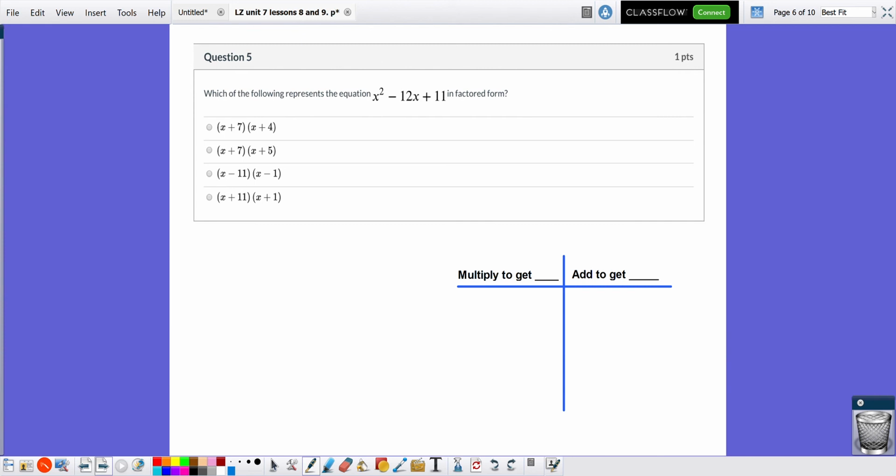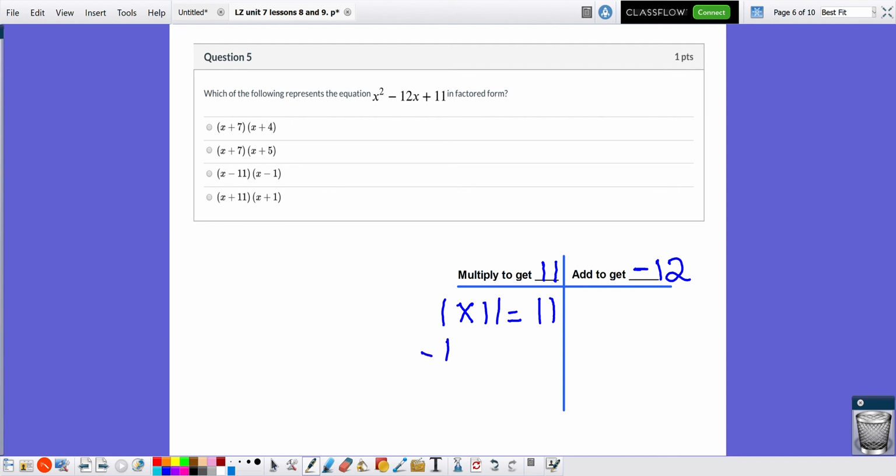So for this one, number 5, we have which of the following represents the equation x squared minus 12x plus 11 in factored form. So for this one, you know that you need to multiply to get positive 11, and you need to add to get negative 12. So the only two numbers that I can multiply to give me 11 is 11 times 1. That gives me positive 11.